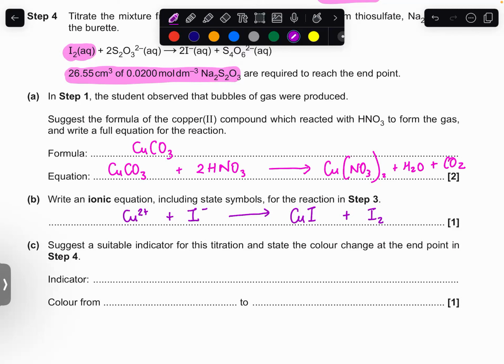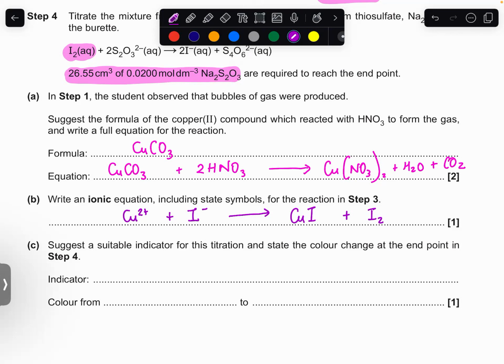And to balance, we put the iodide ion. Copper is going to gain 1 electron, iodine is going to lose 1 electron. So you've got the oxidation numbers there.